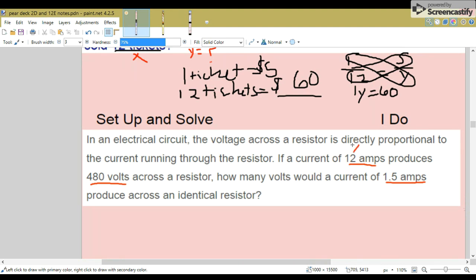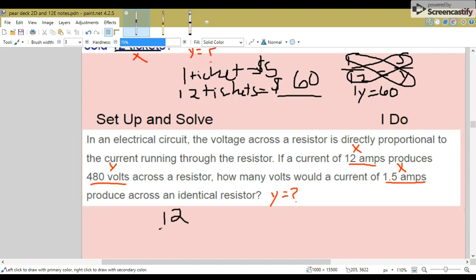So let's say that the amps are X and the volts are Y. So we're looking for the volts, Y. It's directly proportional, so let's set up our proportion.